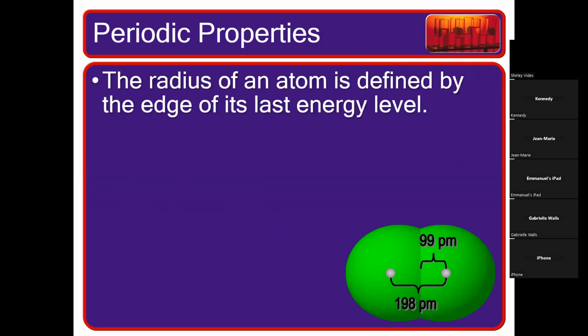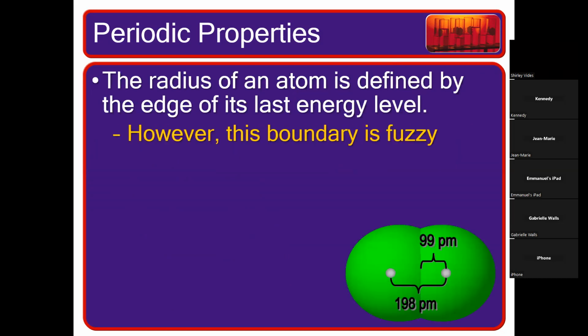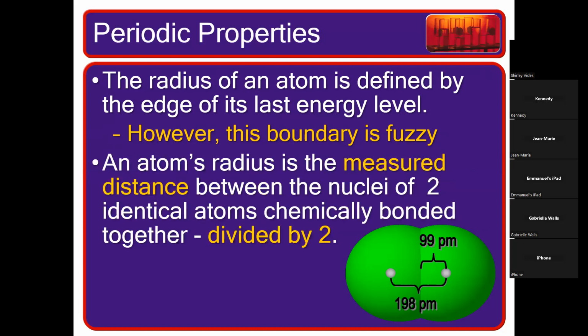They usually bond 2 atoms of the same element, and they measure the distance between the nuclei. That is how they can figure it out. The distance between the nuclei divided by 2, because obviously there are 2 atoms.